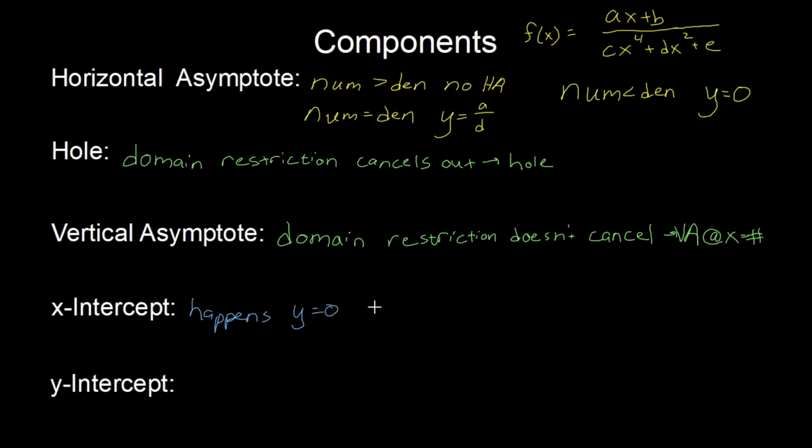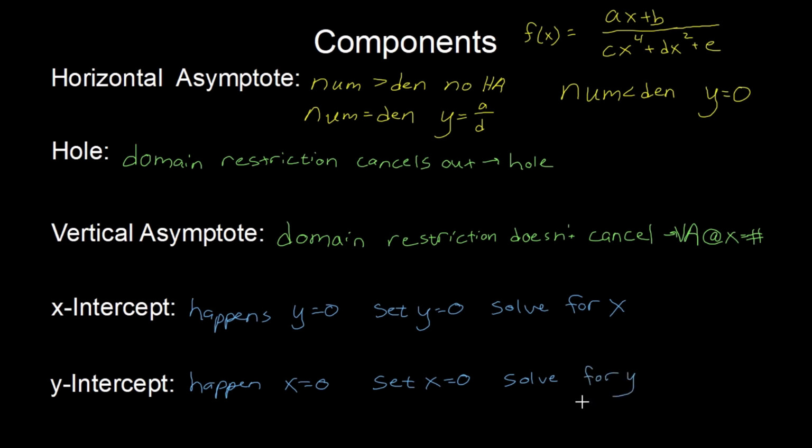So what you're going to do is set y equal to 0 and then solve for x. And that'll give you your x-intercept. And if you think about it, you can do the exact same thing with your y-intercept. It'll happen when x equals 0. So to solve for it, you set x equal to 0 and then solve for y.